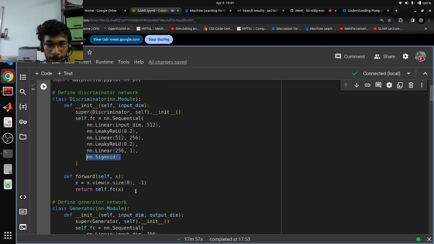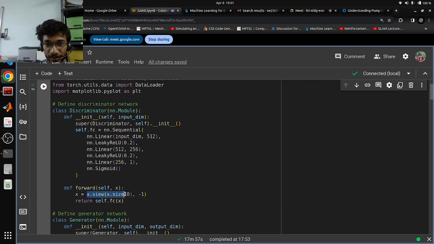So in the forward pass, whatever my input image is, I'm first flattening it into a single dimensional vector, making it into a column, and then applying the fully connected neural network that we have defined here, and that is what the discriminator returns. Okay, so in goes the image, out comes the probability between 0 and 1 of it being real.